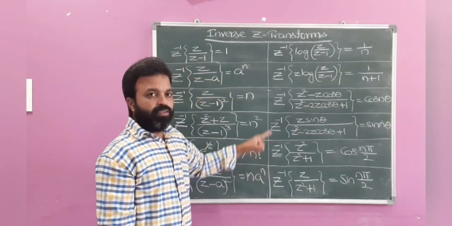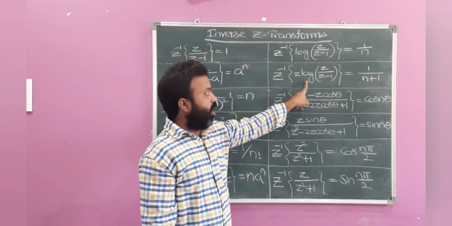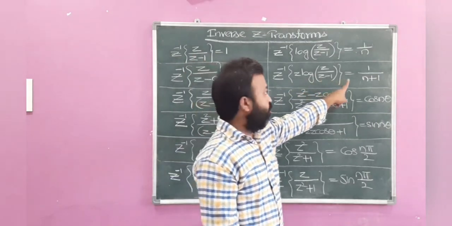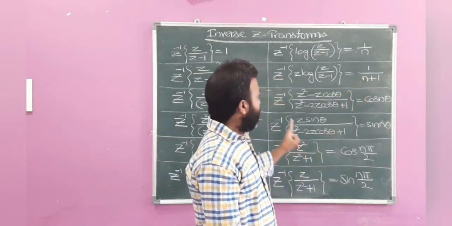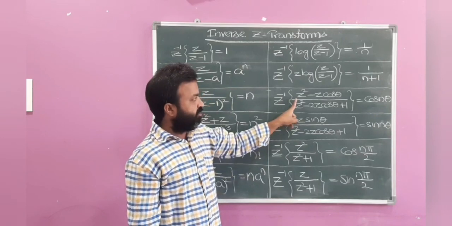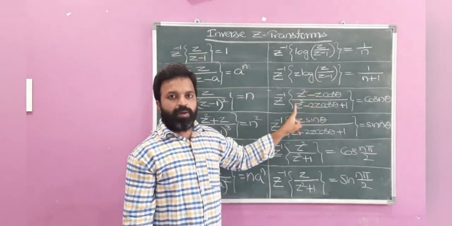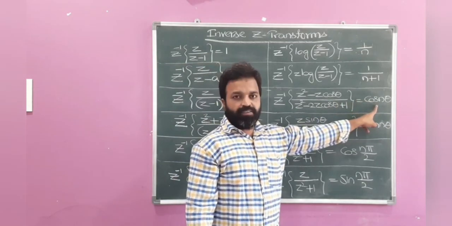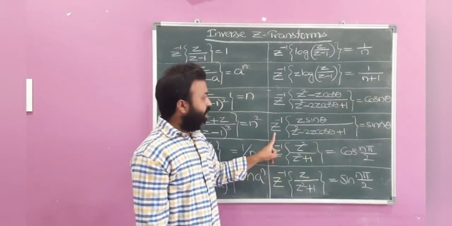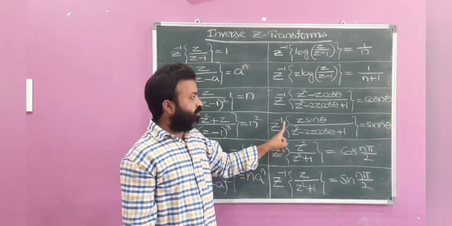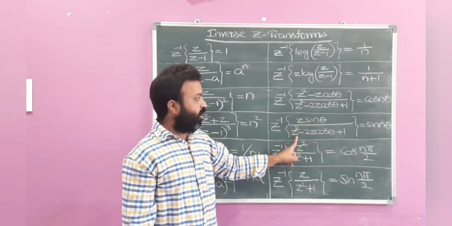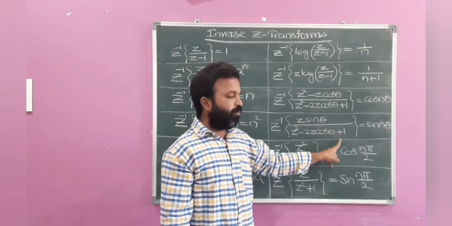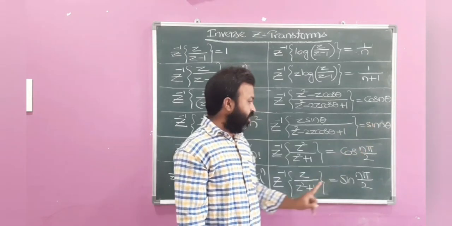Another important set of formulas: Z inverse of log of z by z minus 1 is 1 by n, Z inverse of z into log of z by z minus 1 is 1 by n plus 1, and Z inverse of z square minus z cos theta by z square minus 2z cos theta plus 1 is cos n theta. Z inverse of z sin theta by z square minus 2z cos theta plus 1 is sin n theta.